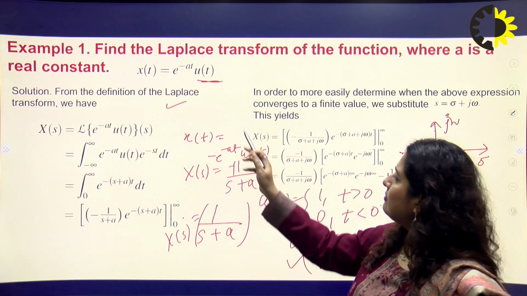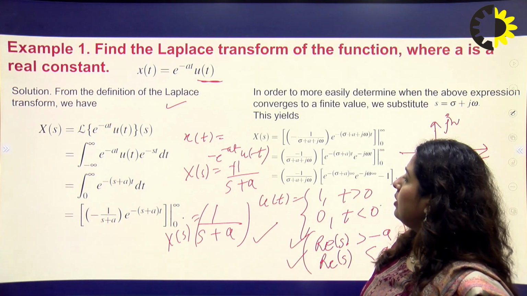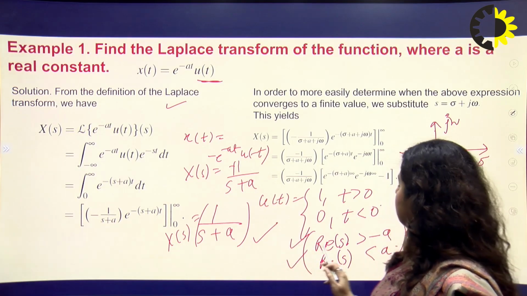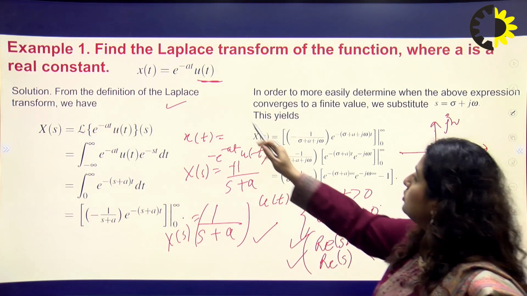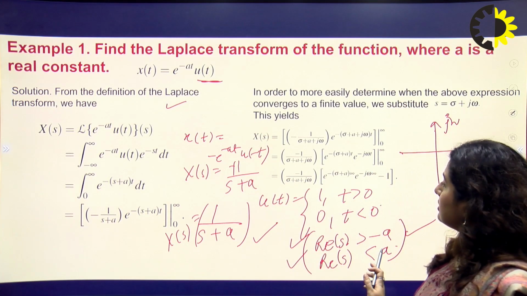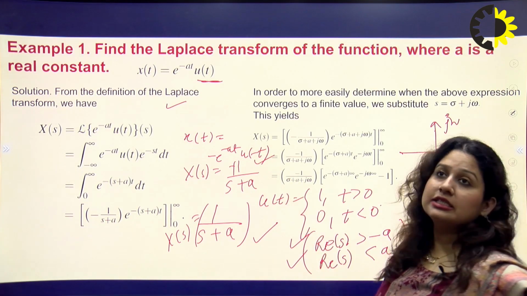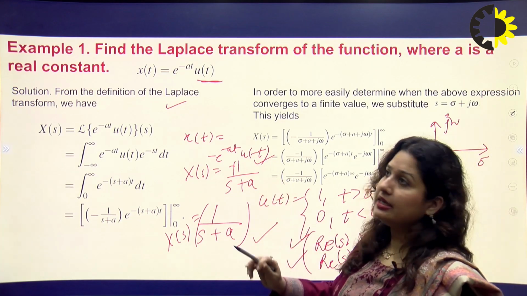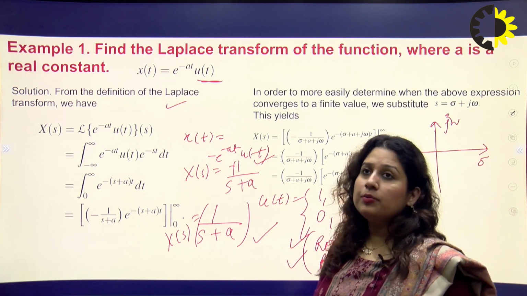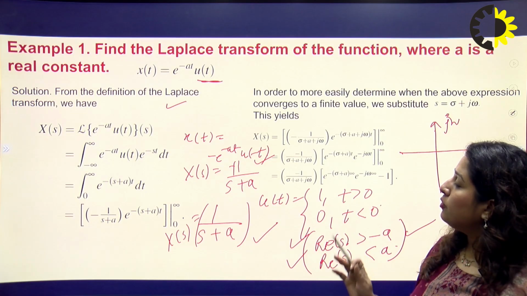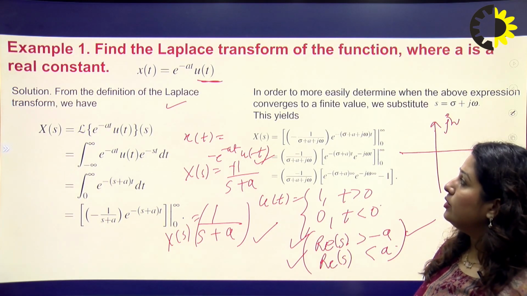So for both functions we have the same Laplace transform, but the ROC in the first case is real of s greater than minus a due to the u(t) term, and in the other case it is real of s less than minus a due to the u of minus t term, because this is a left-sided signal, and the signal now becomes purely left-sided, for which you are calculating your Laplace transform.